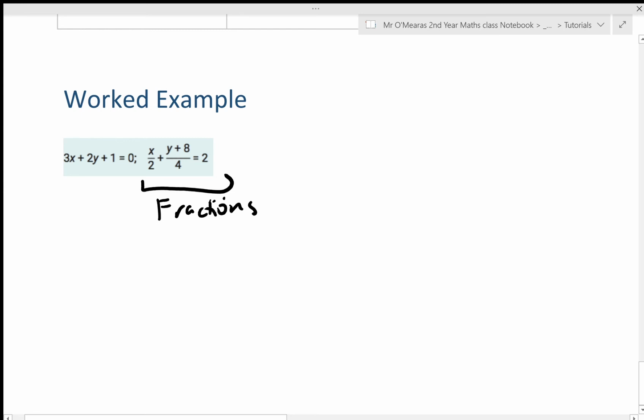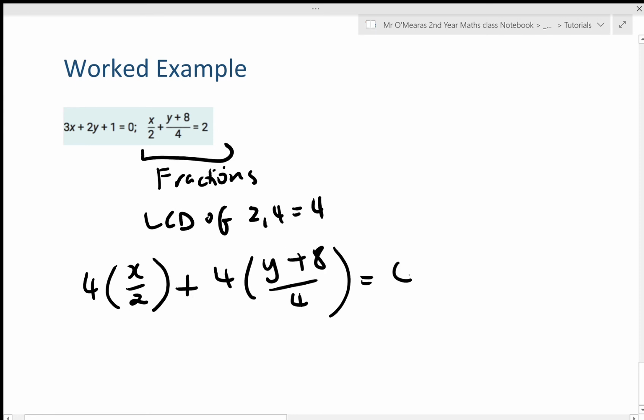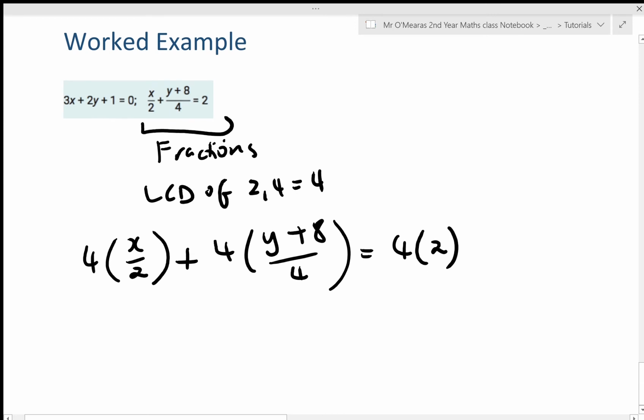So the lowest common denominator of 2 and 4 is 4. So we're going to take the second line and multiply everything by 4. So we have 4 times x over 2 plus 4 times (y plus 8) over 4 equals 4 times 2. We just simplify that out then.